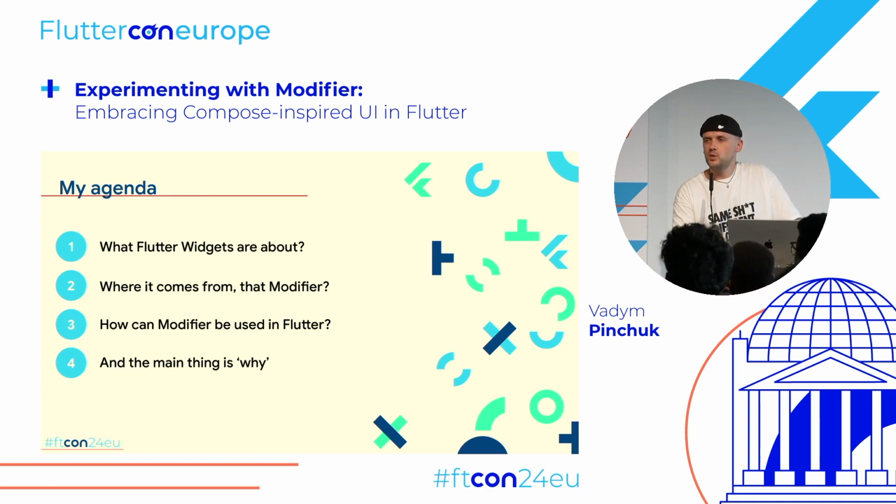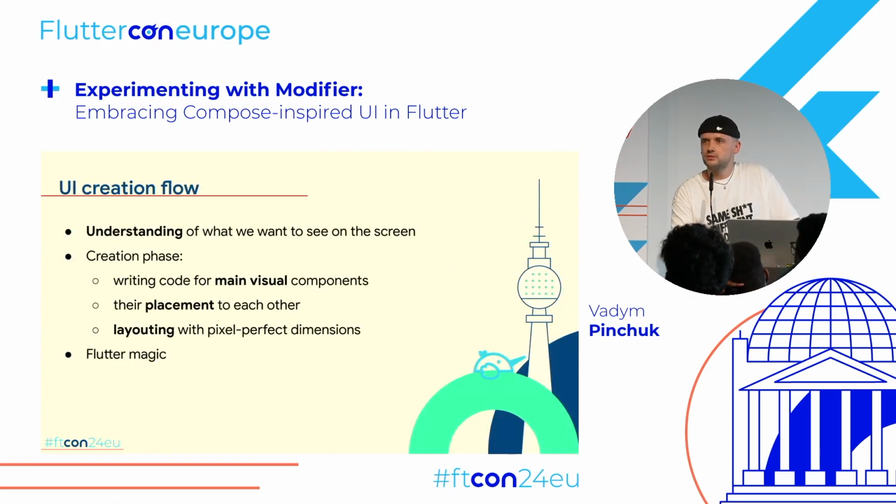So let's imagine a situation. We need to develop a screen. Simple thing. How are we going to approach it? The UI creation flow is pretty straightforward. We first understand what we want to show. Actually, just images, text, whatever. Then we start creating.